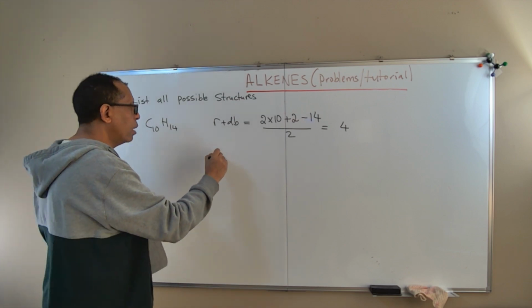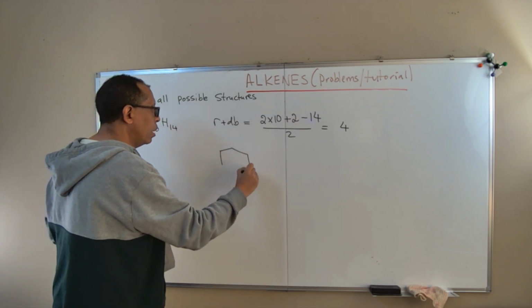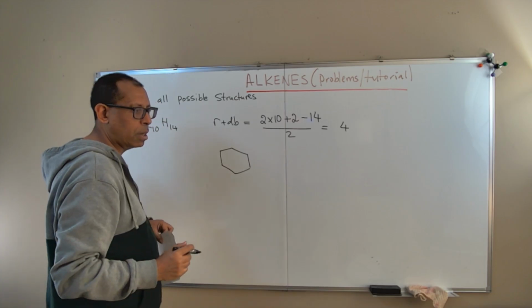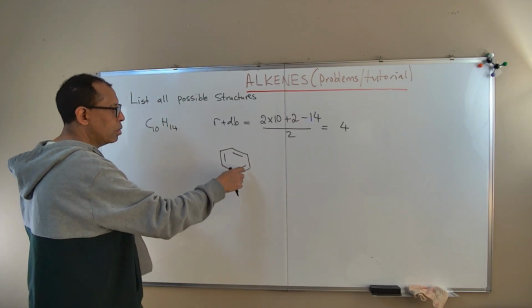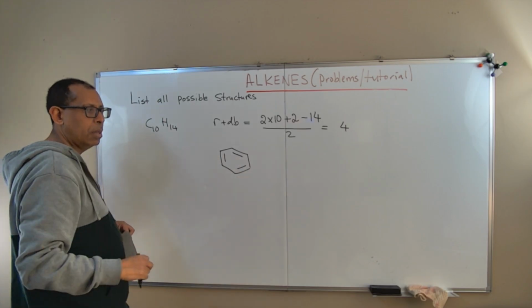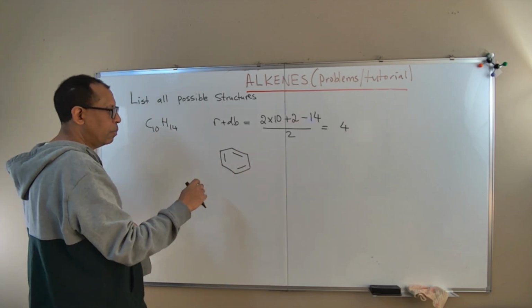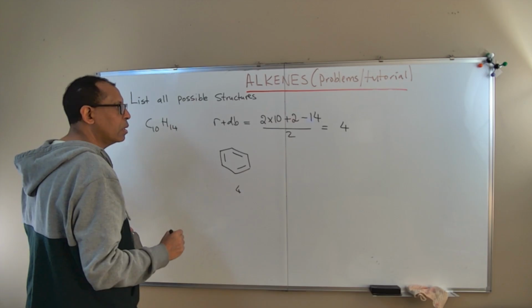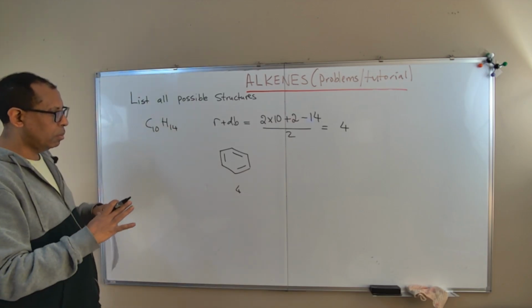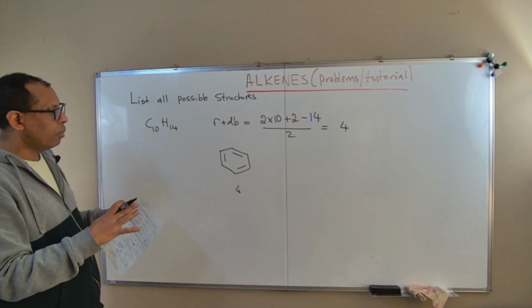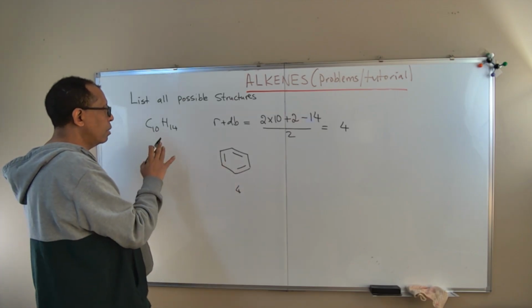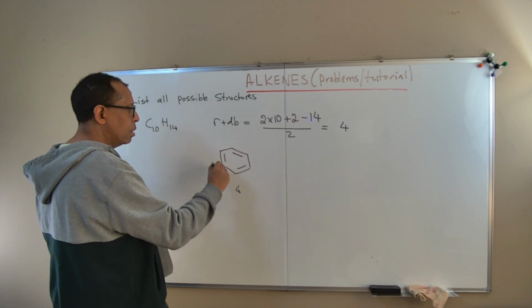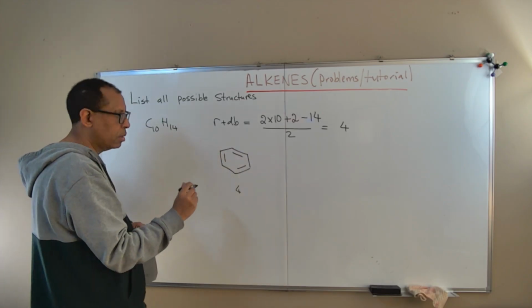If I have 1 ring system, usually in the benzene ring system there are already 3 double bonds plus 1 ring system. This is already 4. So my formula is almost ready for the structure, but I have to give 10 carbons. This is already 6 carbons accounted for.